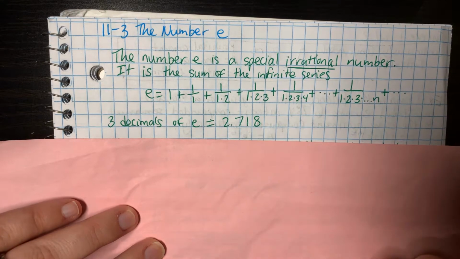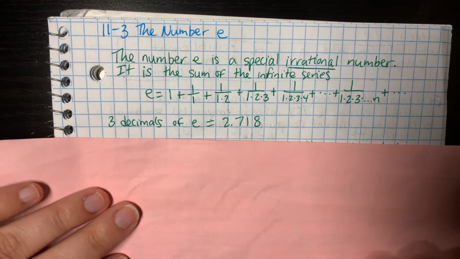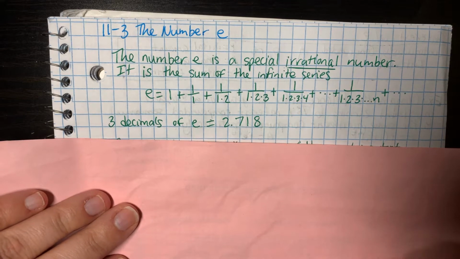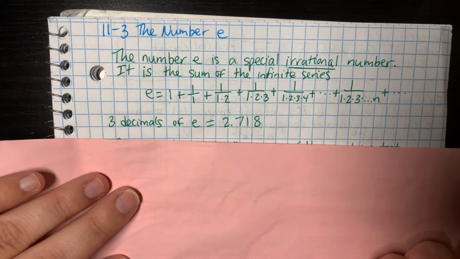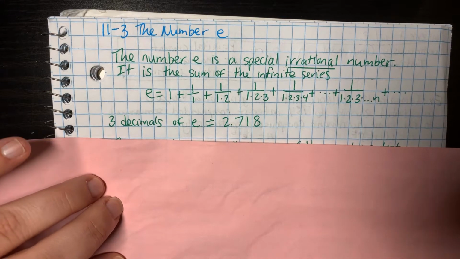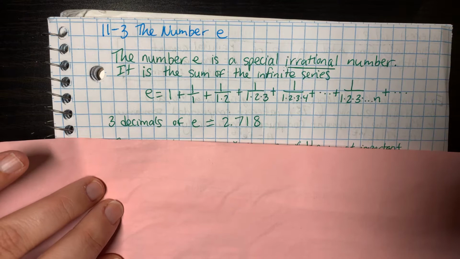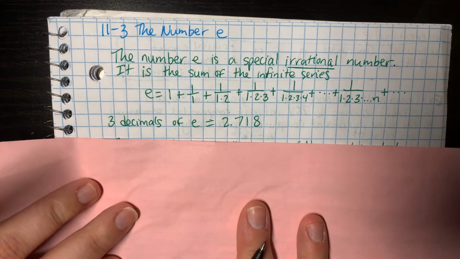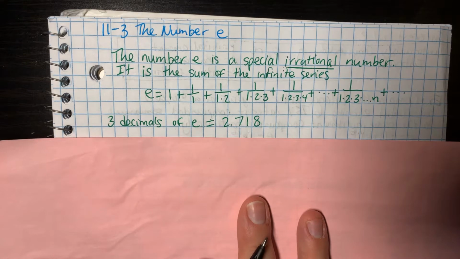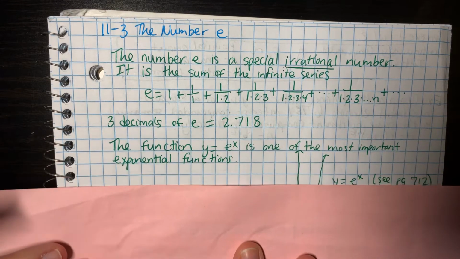So another special irrational number that this reminds us of is pi. Just like pi, this one doesn't have an end. It goes on forever, never has a pattern, but is used in different odd ways. So e and pi actually have a lot in common, right?